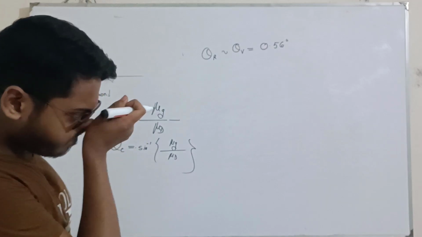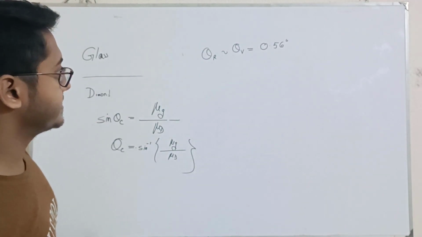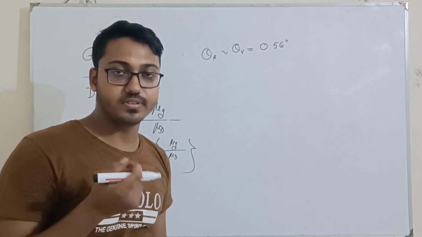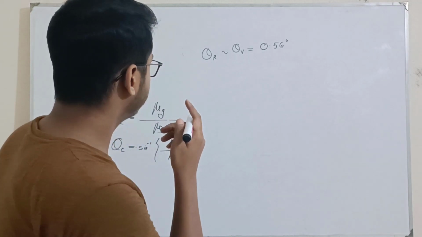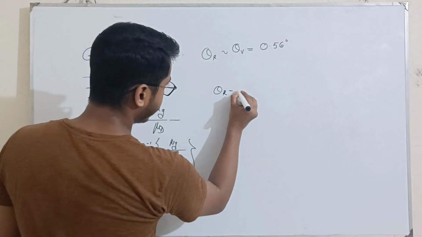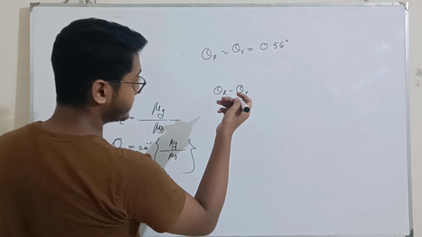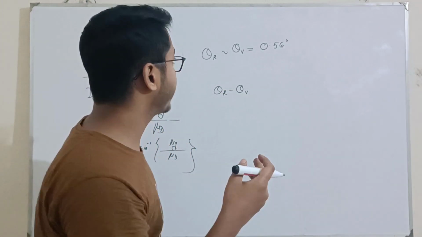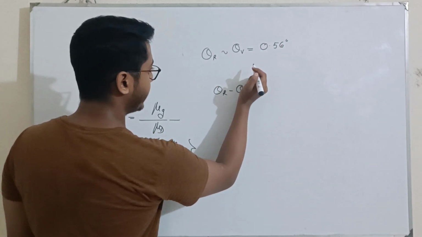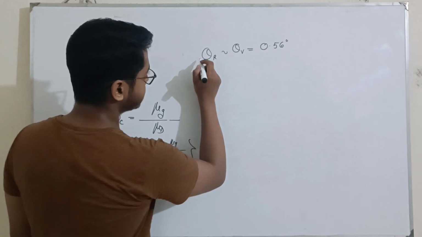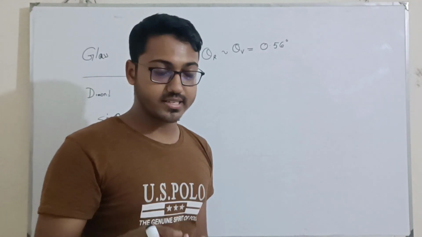Now the question arises, which one is greater, theta R or theta V? Because if theta V, the critical angle for violet light, becomes greater, in that case the angle will be negative. Since the angle is positive, we have to have a plus sign before the greater critical angle.